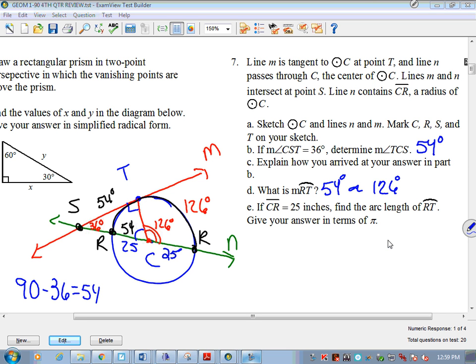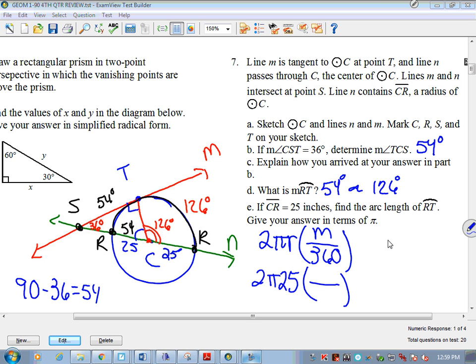How do we find arc length? Arc length, not area of a sector. 2 pi r. All right, so we're going to use 2 pi what? 25.